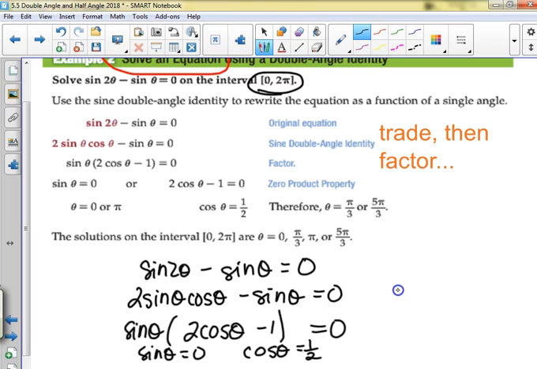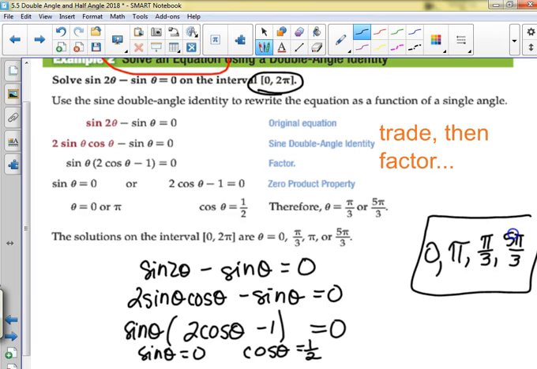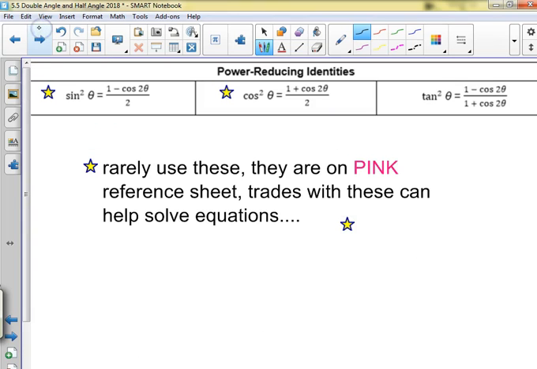So looking at your pink sheet, where's the sine 0? 0 and pi, yes. And where's the cosine positive 1/2? Pi over 3 and 5 pi over 3, is that right? Quadrant 1 and 4. That'd be a great quiz question right there.